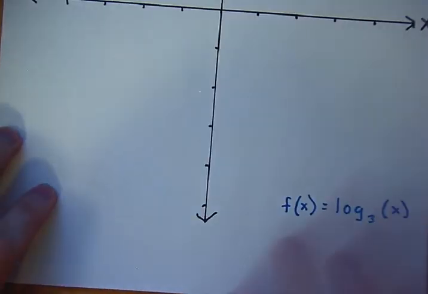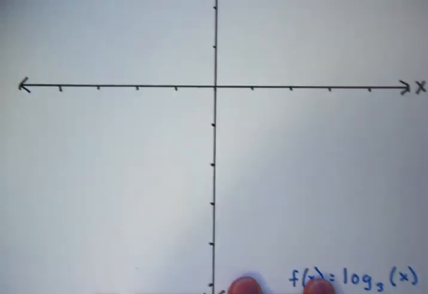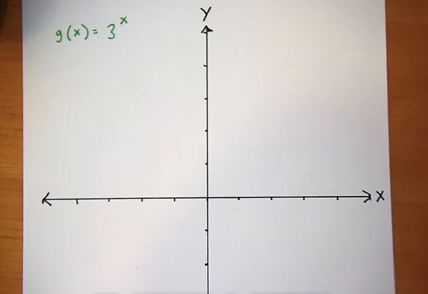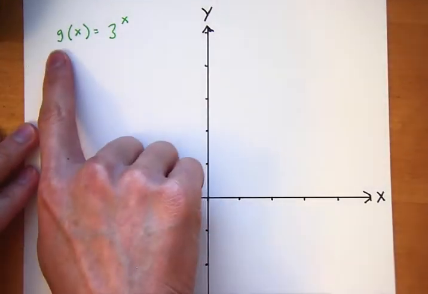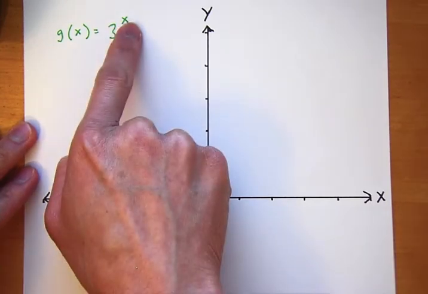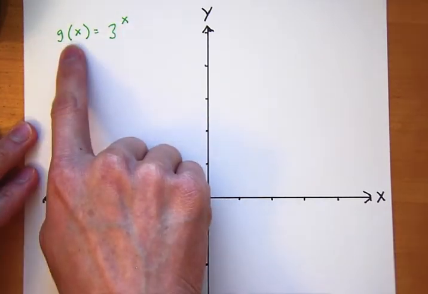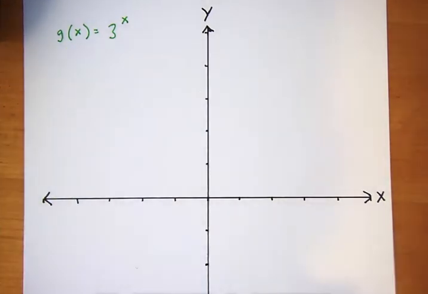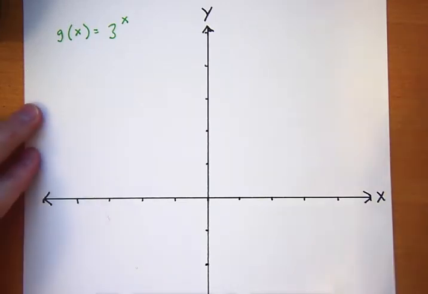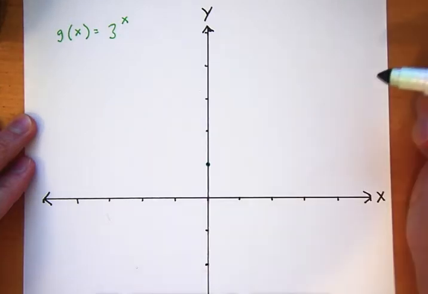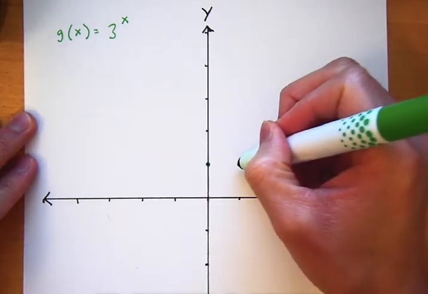Okay, let's look at the graphs of these two functions we just talked about. So up here, let's draw the graph for y equals 3 to the x, or g of x, which is basically like a y. We know when x equals 0, y is equal to 1, so it goes through that point.